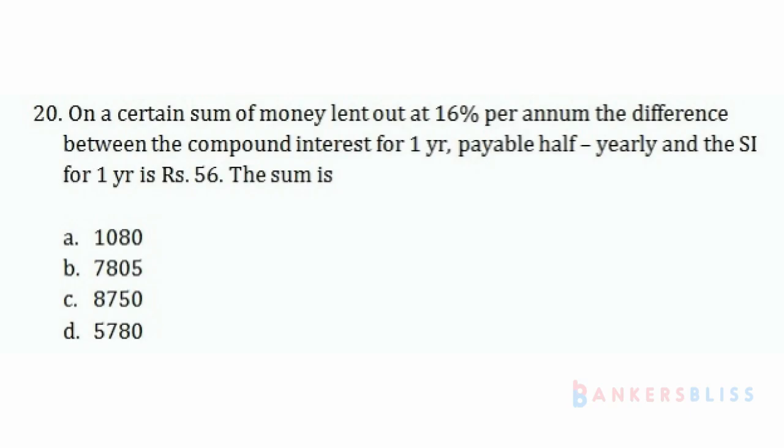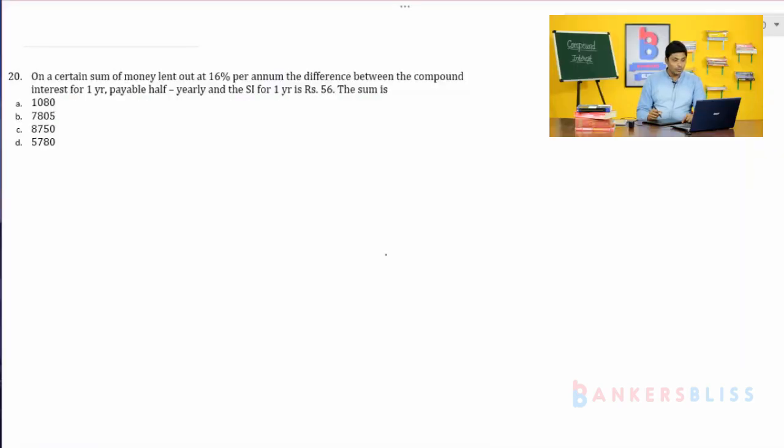On a certain sum of money lent out at 16% per annum, the difference between the compound interest for 1 year payable half yearly and the simple interest for 1 year is 56. In the previous problem it was compounded annually, but here the compound interest for 1 year is payable half yearly, so you consider it semi annually.